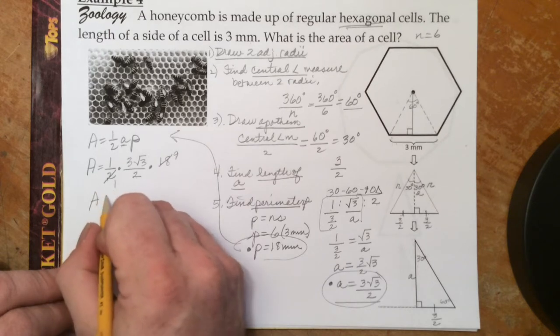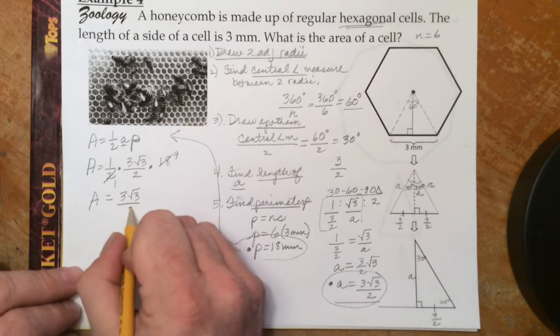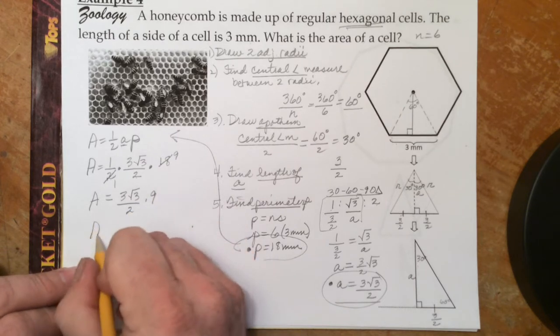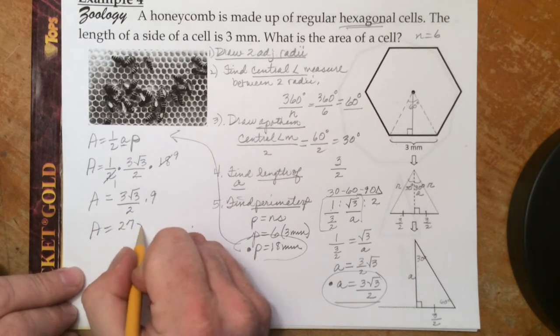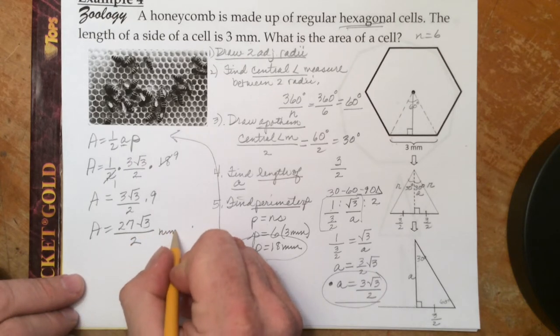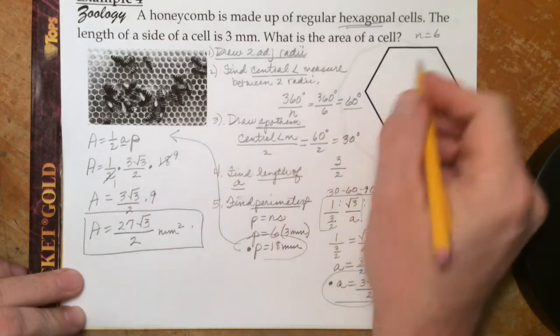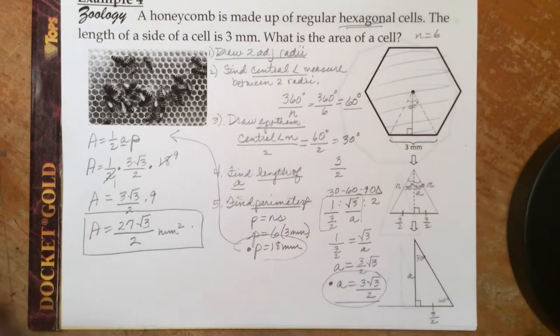So the area is 3 root 3 over 2 times 9, which gives us 27 root 3 over 2 square millimeters. Now this is our exact area of this hexagon.